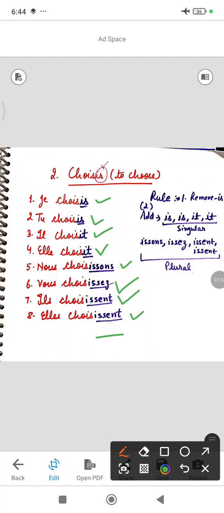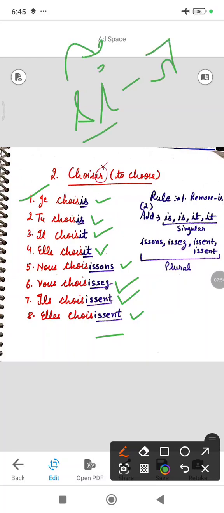So what is the pronunciation? First one is je choisis. Okay, because we know last letters are almost always silent, and when S and I come together, these are vowels, then the sound is there. But if there is a double S and then a vowel, then there is no need to produce the sound. Okay, so let me tell you the pronunciation.